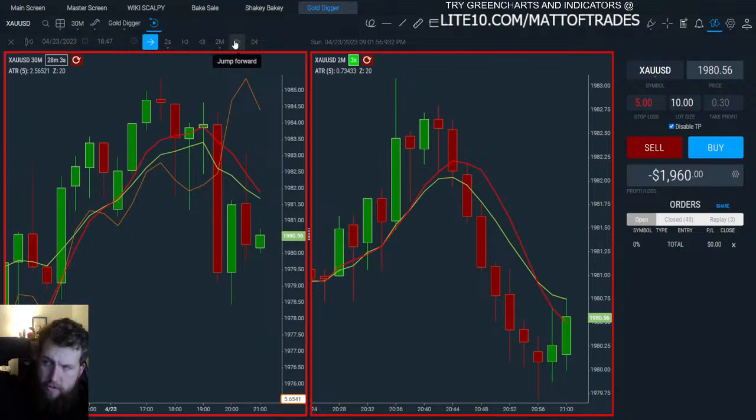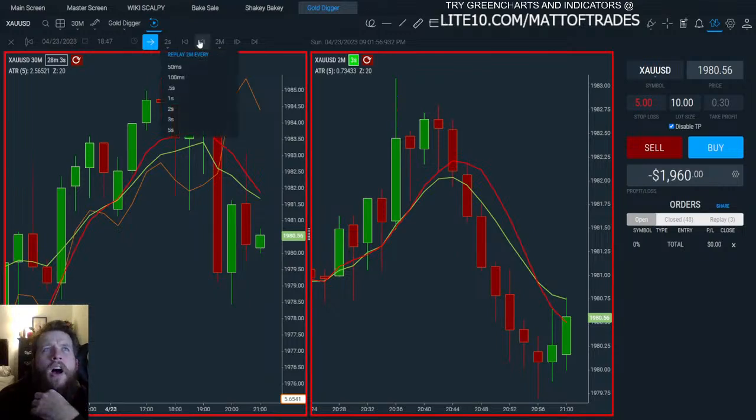I don't honestly have a lot of experience trying to trade with these a little bit longer time frames. Usually looking at a 5 minute and a 1 minute. Oh, let's see.